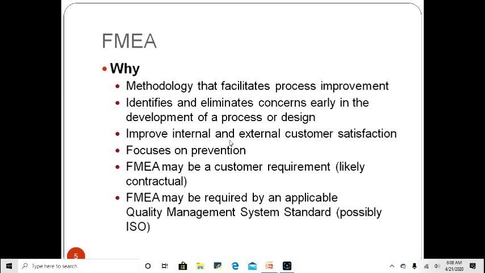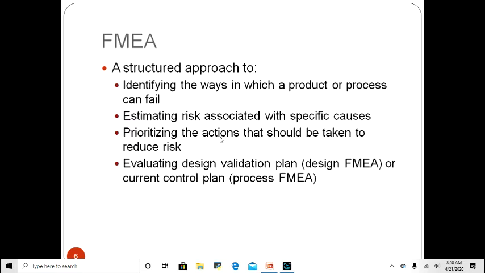Whatever standard you are keeping, usually when you talk about quality, you will talk about ISO. So ISO norms and regulations will be kept in mind while doing the FMEA analysis.